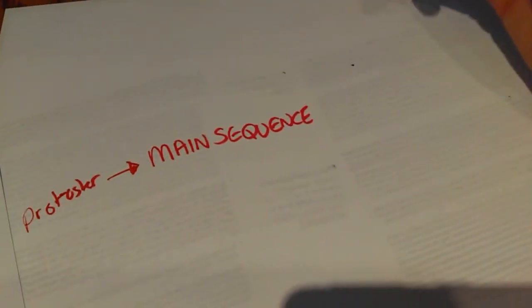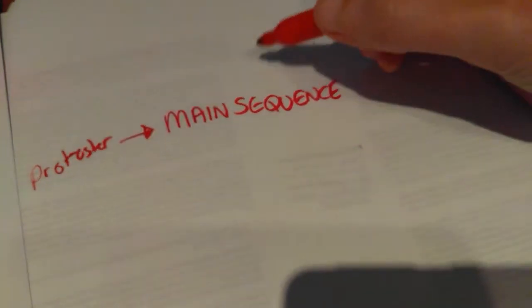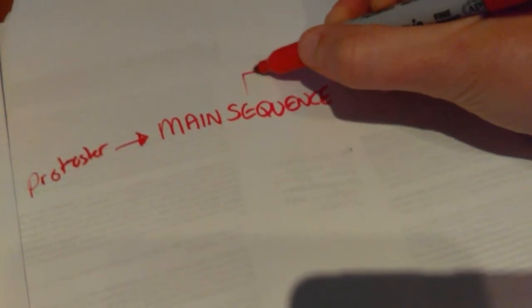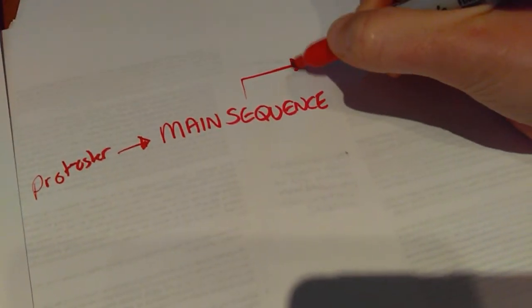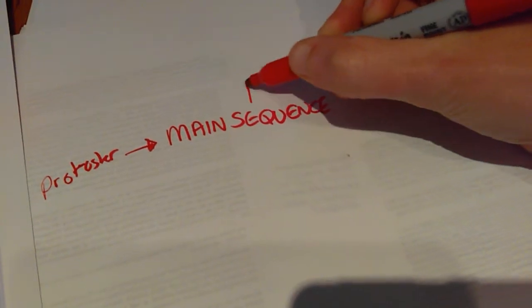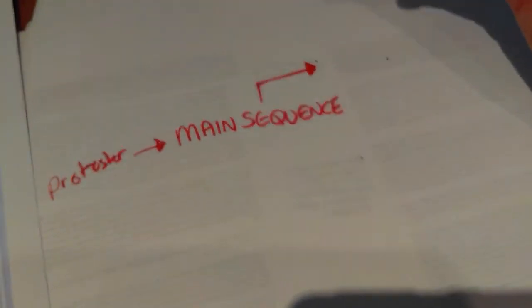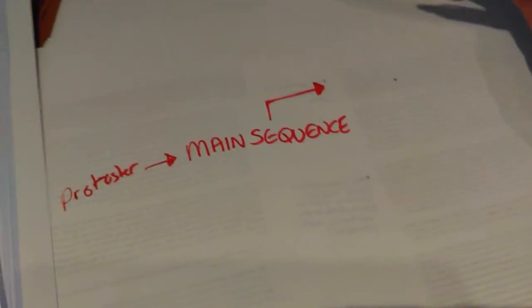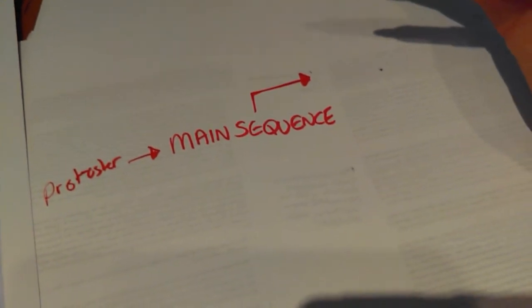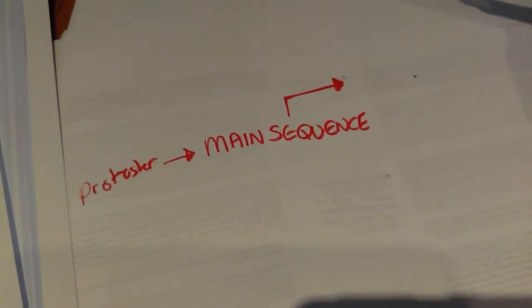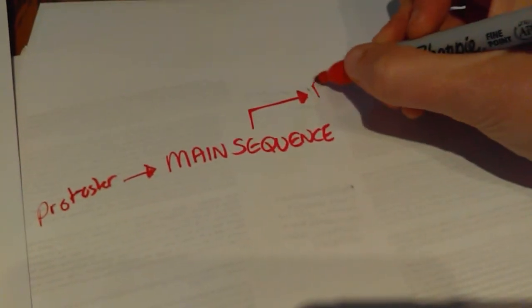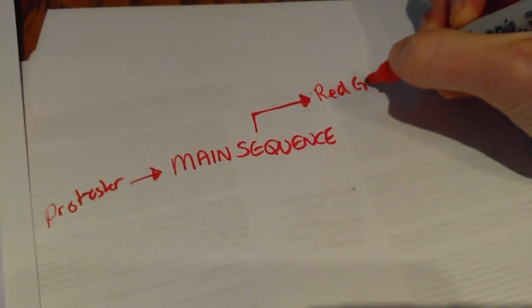Then when they start to run out of hydrogen, they start to be able to fuse some of the helium together. This causes some of the outer layers of the star to expand, and we get a red giant.